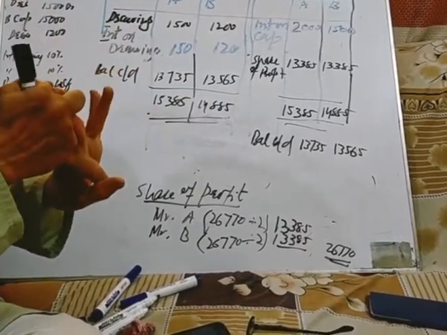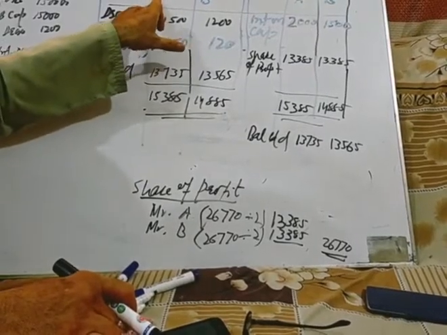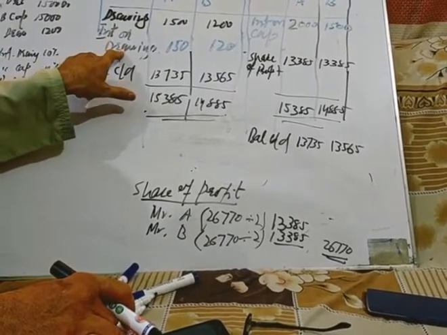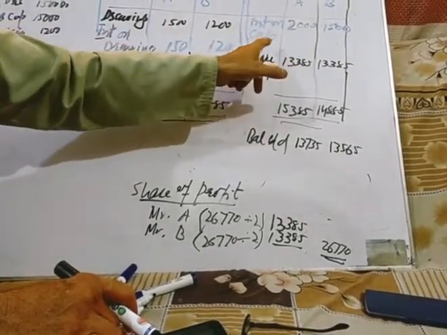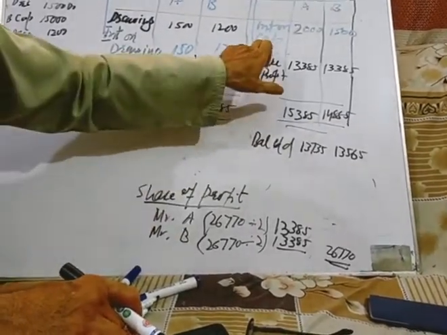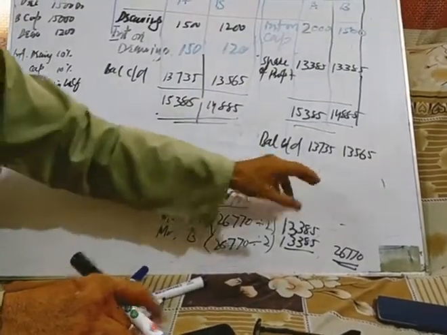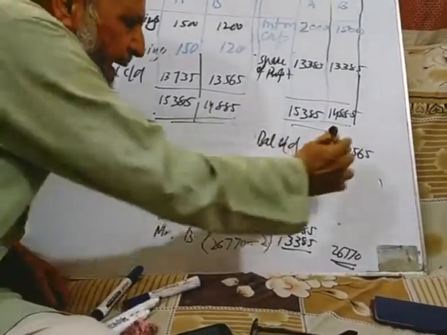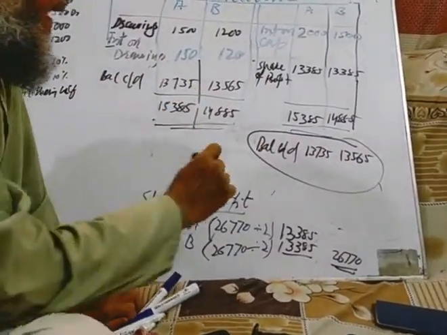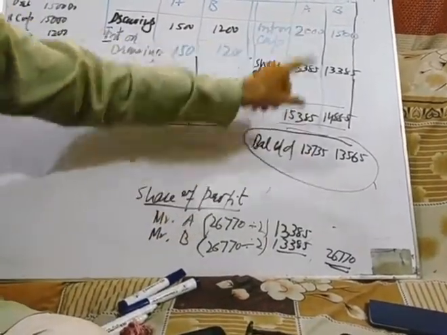An agreement is very, very important. Two things you have to remember. In current accounts, the debit side has drawings and interest on drawings, and the credit side has interest on capital, share of profit, salary, commission. Salary and commission are not here, so we haven't written them. That's how we transfer. And these two balances at the end will go into the balance sheet. They will be added into the capital accounts respectively.